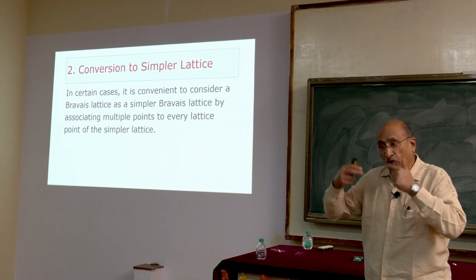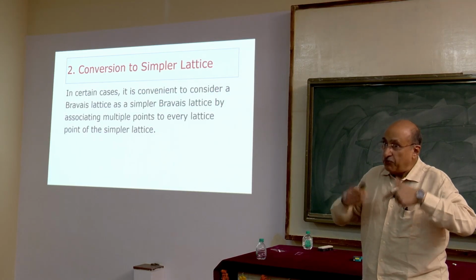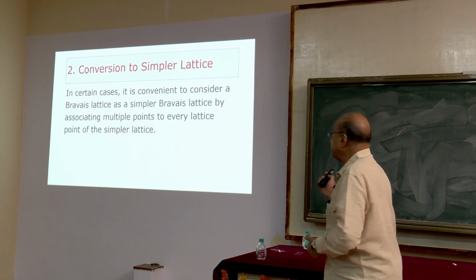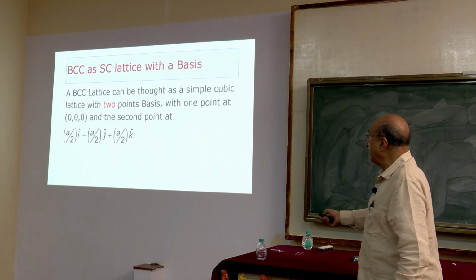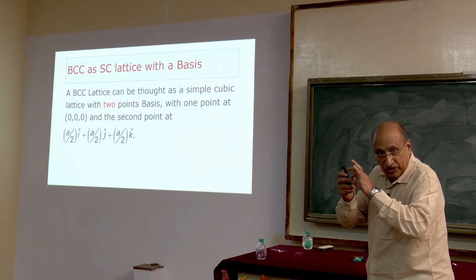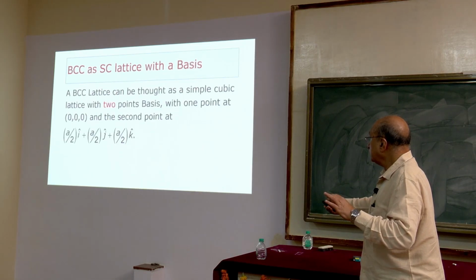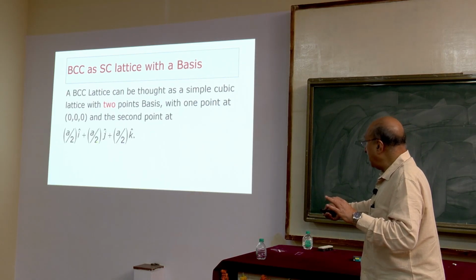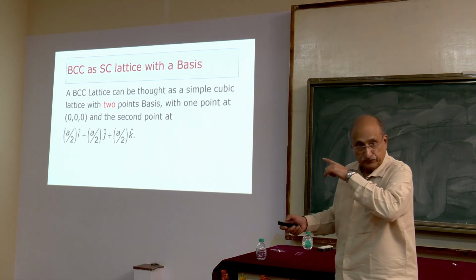So a body-centered cubic lattice can also be looked at as a Bravais lattice, a simple cubic lattice with 2 points basis. A BCC lattice can be thought of as a simple cubic lattice with 2 point basis, with 1 point at 0, 0, 0, means you start at a point, put one particular point at the origin, another point at a/2 i + a/2 j + a/2 k, which is the body center.